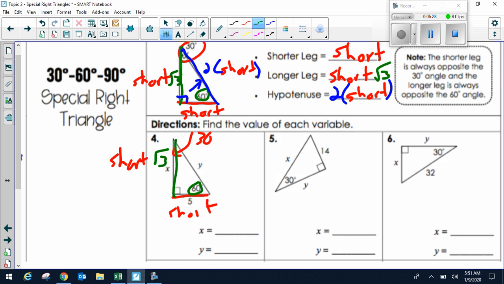My short leg is 5, so x would be 5 square root of 3. The hypotenuse, the one opposite my y, is 2 times my short leg. My short leg is 5, which means y would be 10 units.